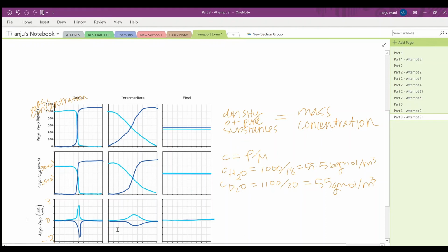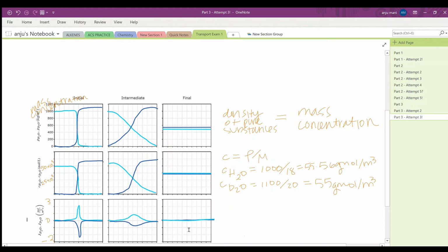As we get to some intermediate time point, at 5 centimeters you don't have your maximum diffusion, but that is the location where the most diffusion is happening. And as we go to the ends of the tube, that is less prominent because again, there are fewer moles of each of those components on either side.